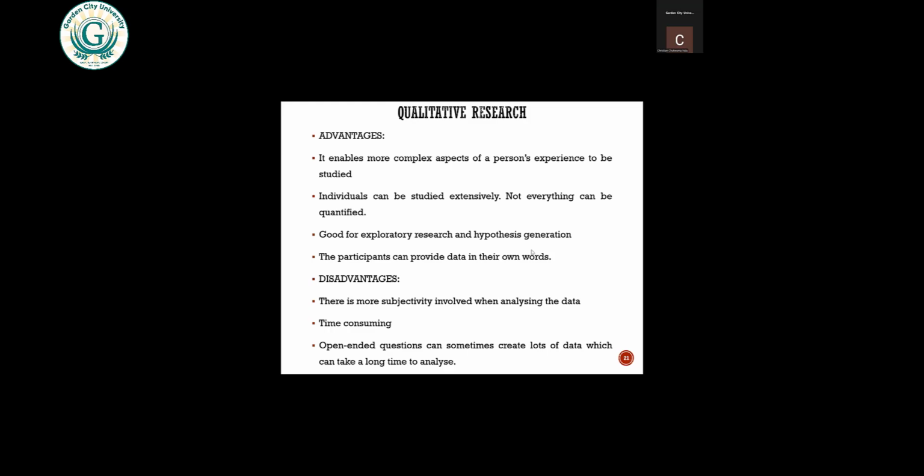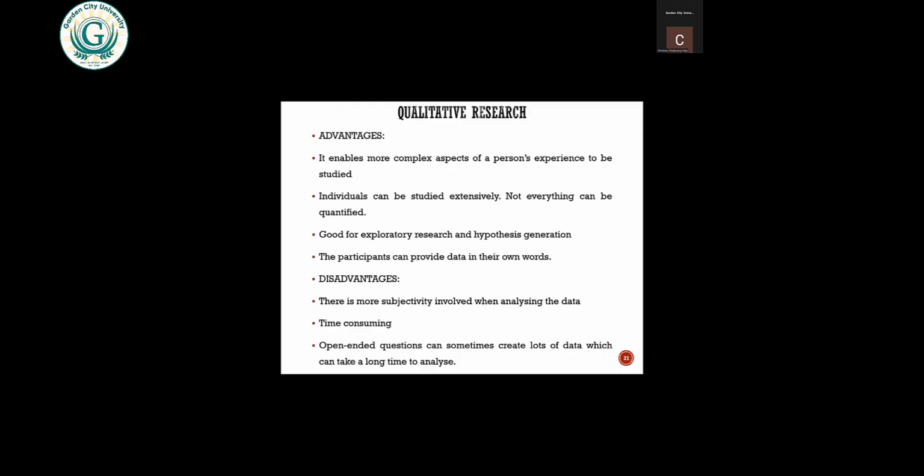So you'll be collecting lots and lots of data, the relevant ones, the irrelevant ones, you'll be collecting all of them. And then when you sit down in your house and you're now transcribing, then it is an issue. So it is time consuming, there's subjectivity, and then you would need open-ended questions.